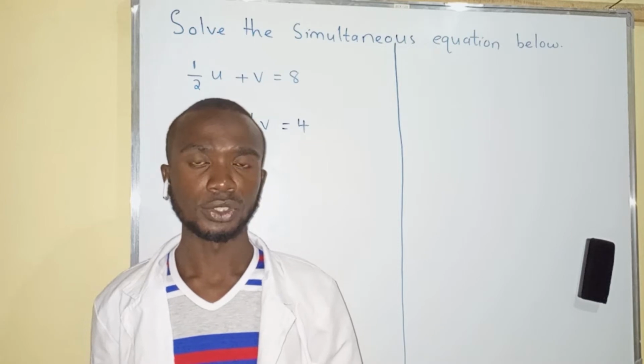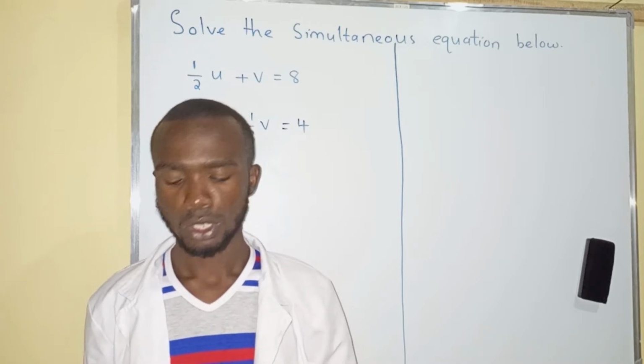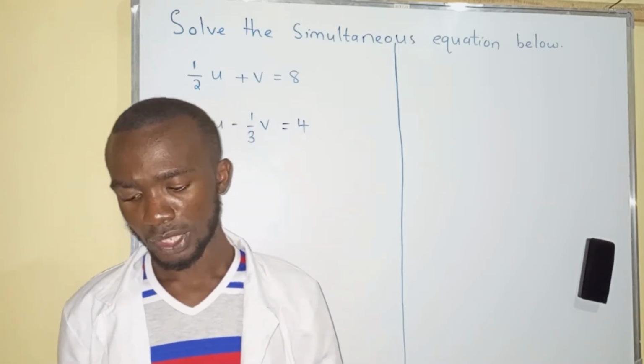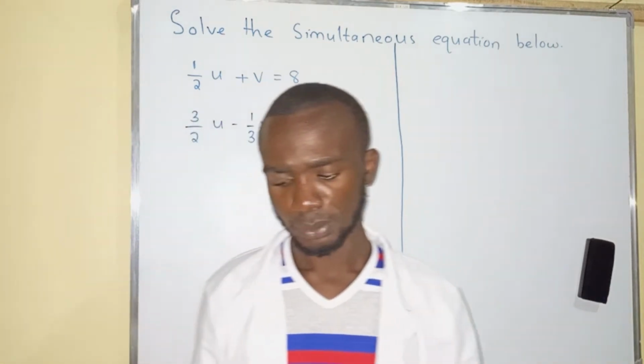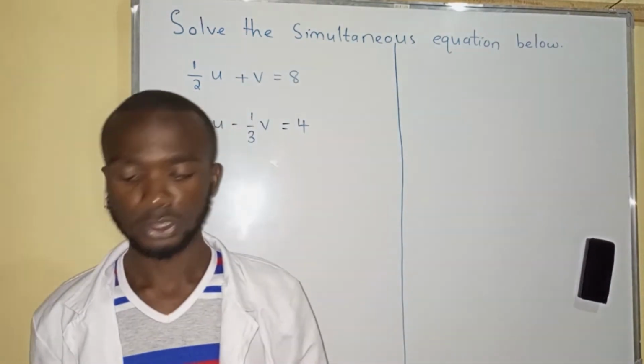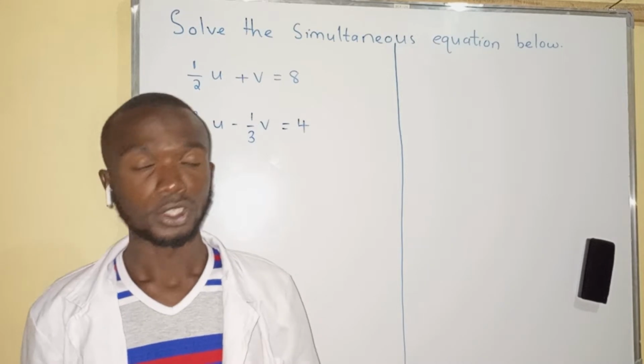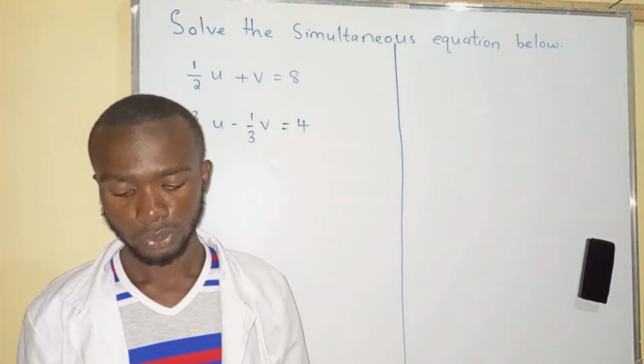The other is the matrix method. Then we also have the substitution method. The graphical method I can't use because I don't have a graph. So I'm going to solve the simultaneous equation using the three ways.